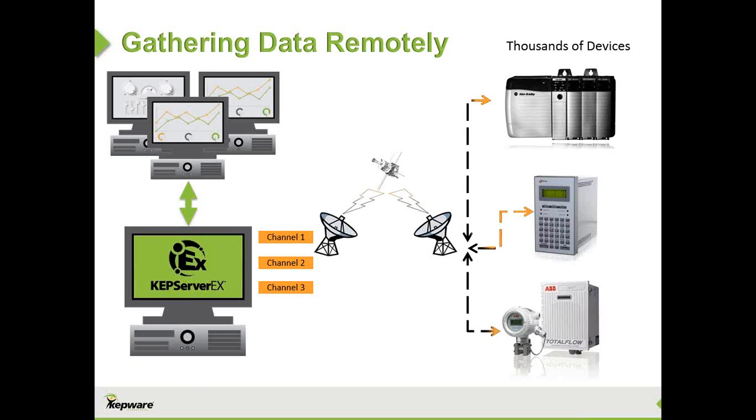You have these remote communications, maybe going over SAT-Link or VSAT to hundreds or thousands of devices spread over a large geographic region. And these networks typically have limited bandwidth. So industries that this affects include oil and gas, water, wastewater, and power, but there's certainly other industries that this affects. It's a common challenge.